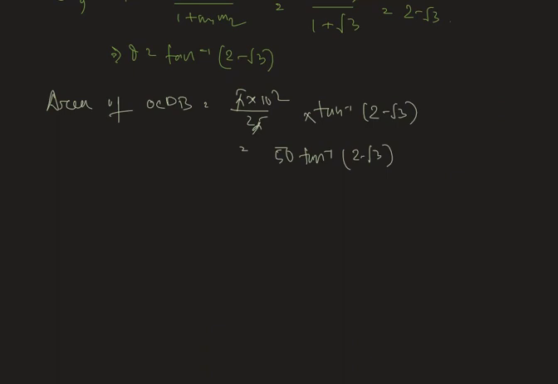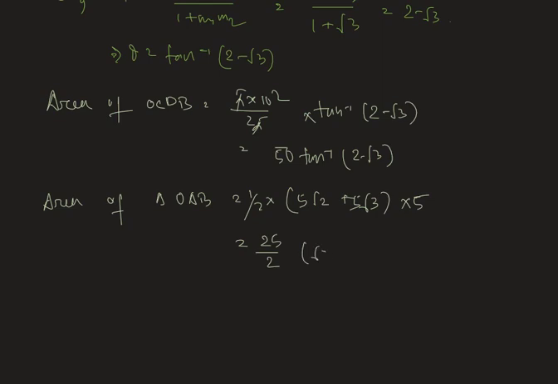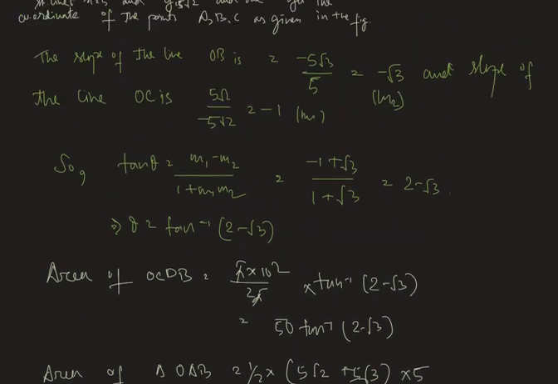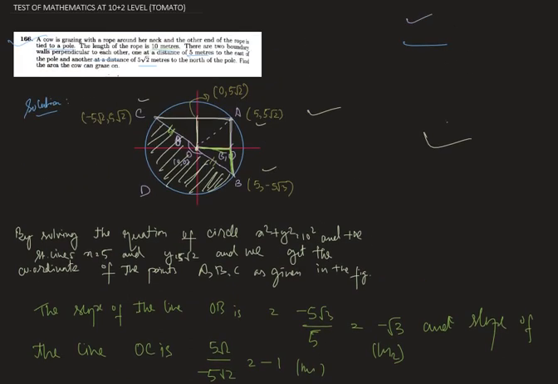Now the area of triangle OAB is equal to half into base, that is 5 root 2 plus 5 root 3, multiplied by 5, which results in 25 by 2 into root 3 plus root 2. That is the area of this portion OAB.